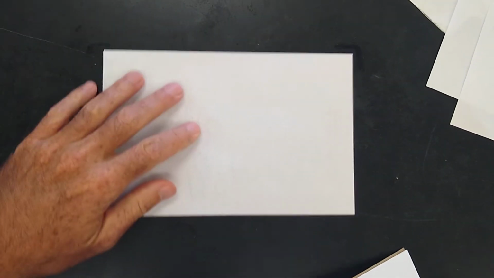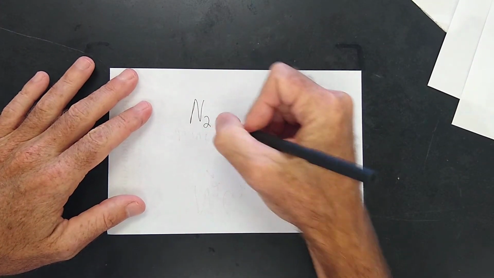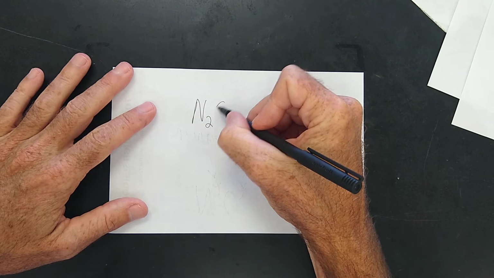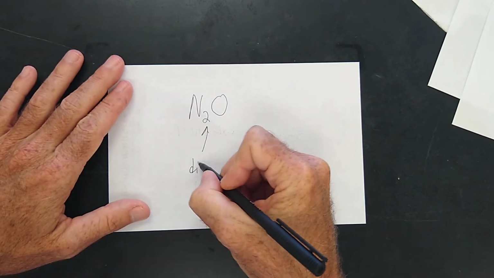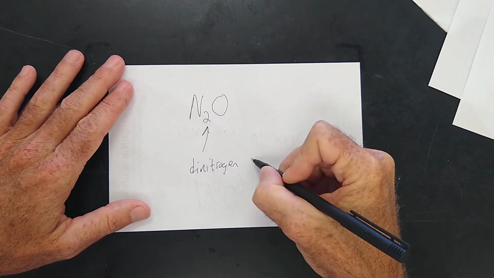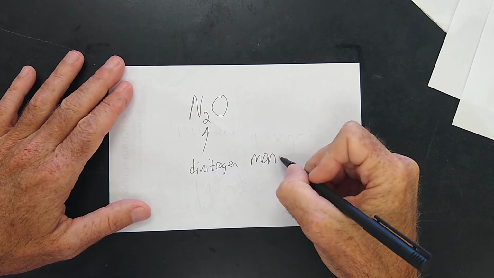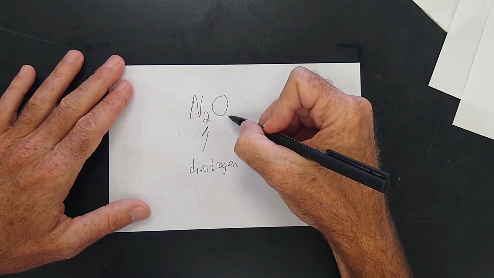How about this one? This one would be called dinitrogen monoxide, okay? Because there's an implied 1 here.